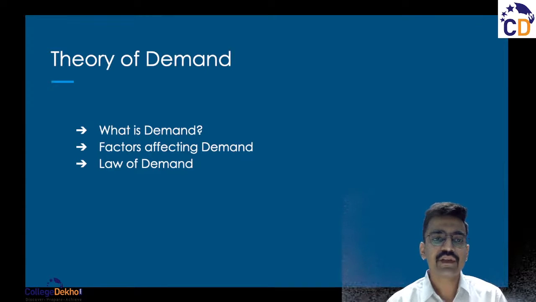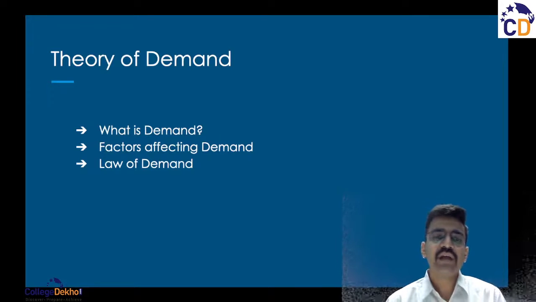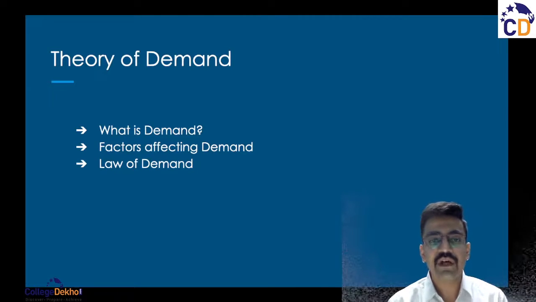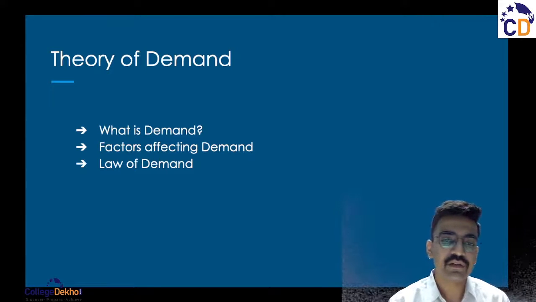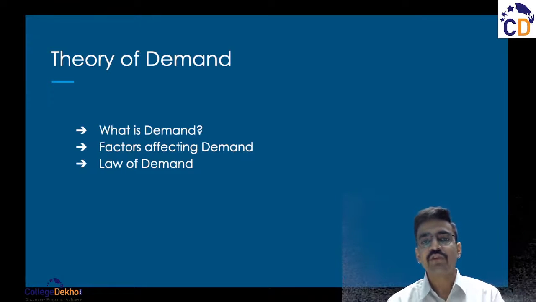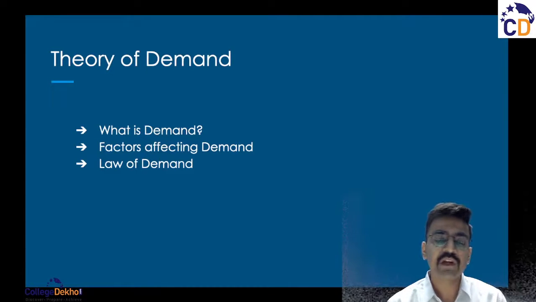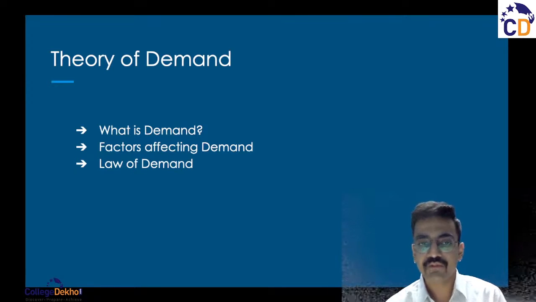In most of the cases, in the practical market, the price of the commodity and the demand of the commodity could be directly proportional, or they could be inversely proportional, right? Such as, if the price of the commodity is going up, the demand would also go up, or if the price is going down, the demand will also go down.